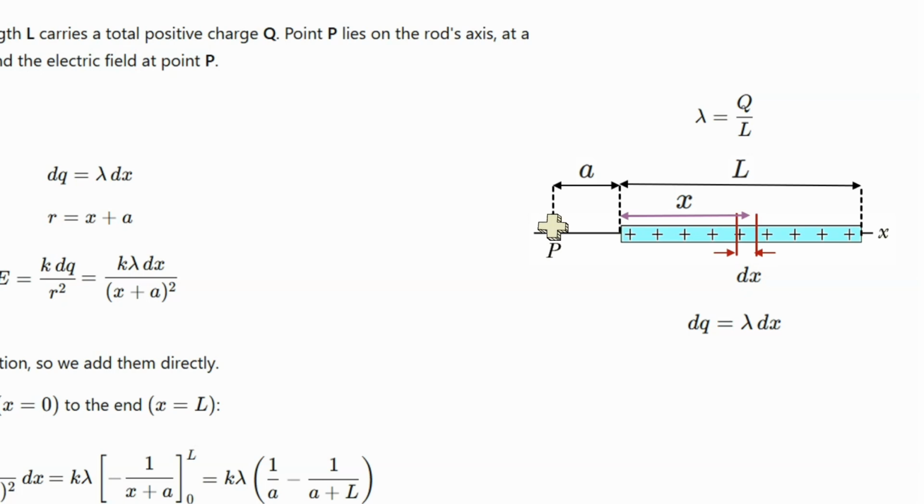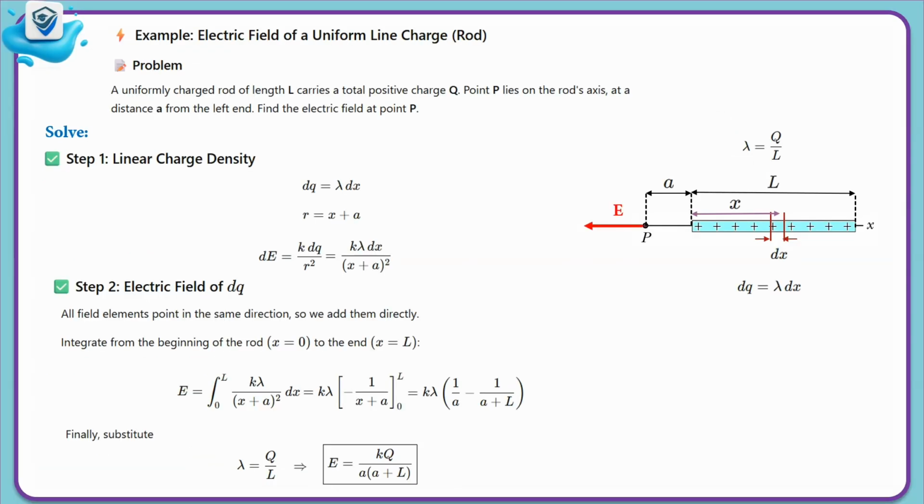If we place a positive test charge at point P, each charge element repels it. Therefore, every small electric field points away from the rod, which is toward the left. Since all the small electric field vectors point in the same direction, we simply add their magnitudes, and the net electric field also points to the left.